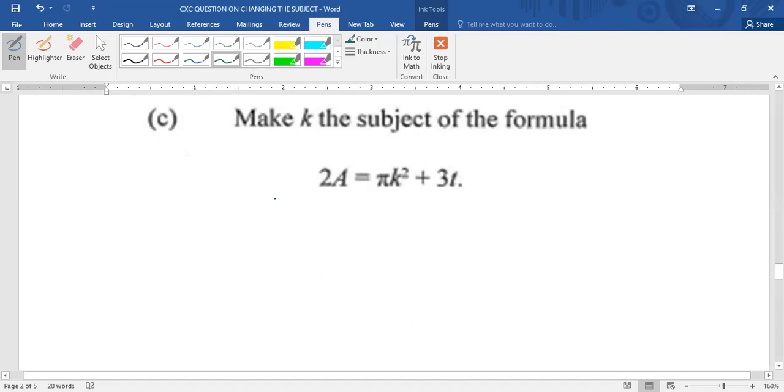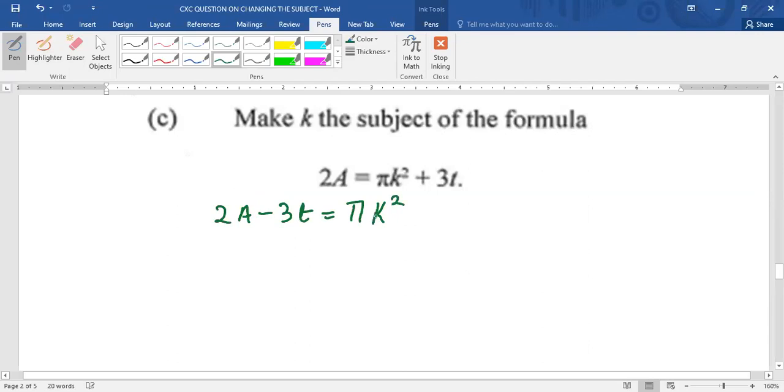All right, so 2a is equal to pi k squared plus 3t, right? So what will we do here? Move the 3t. So 2a minus 3t is equal to pi k squared.